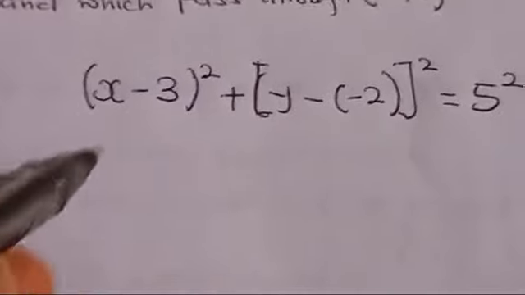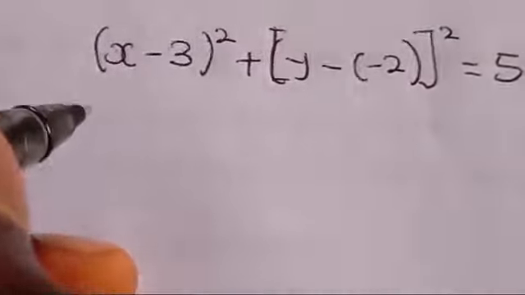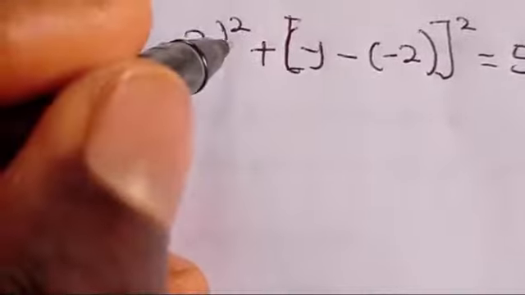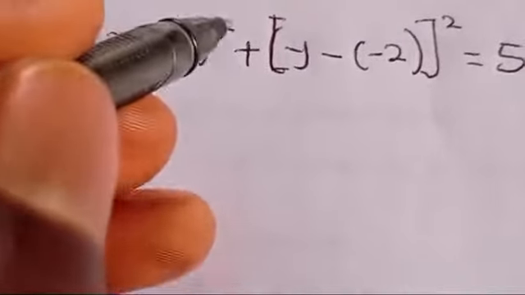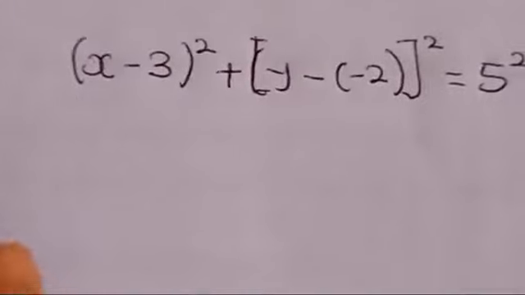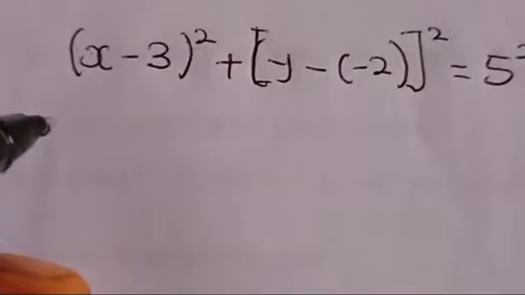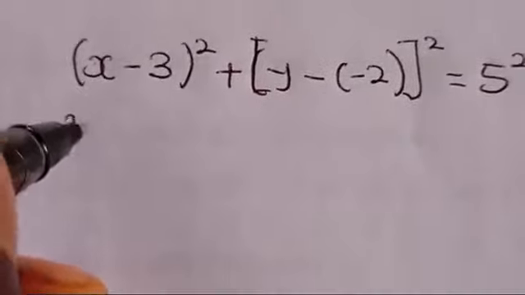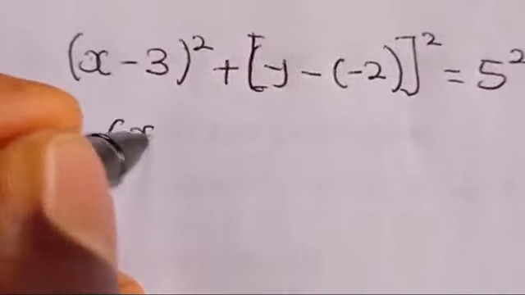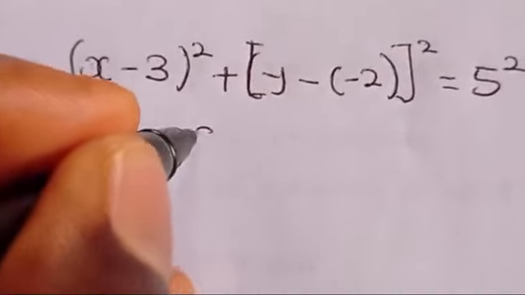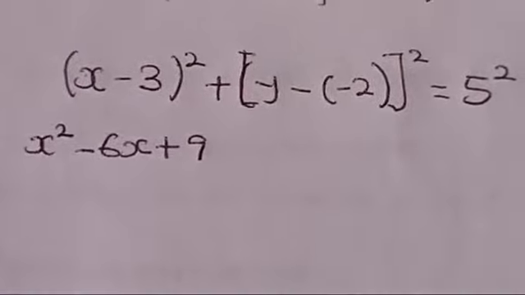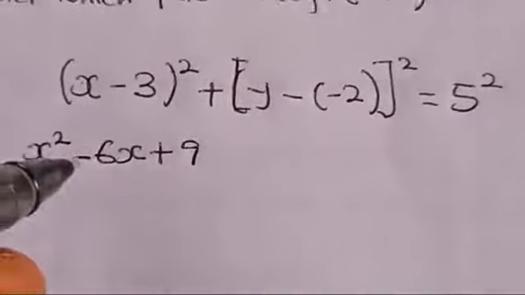With this, opening this bracket up, we are going to have x minus 3 times x minus 3. x minus 3 times x minus 3 will give us x squared minus 6x plus 9.